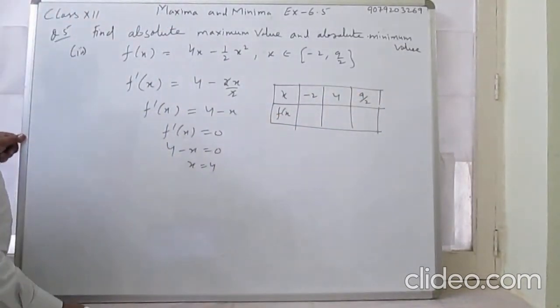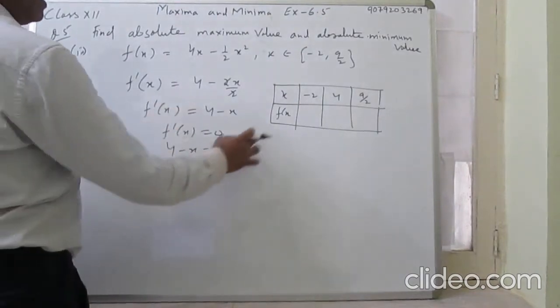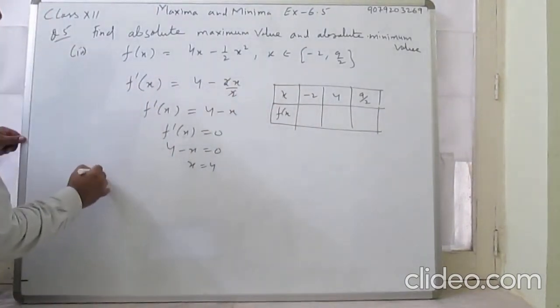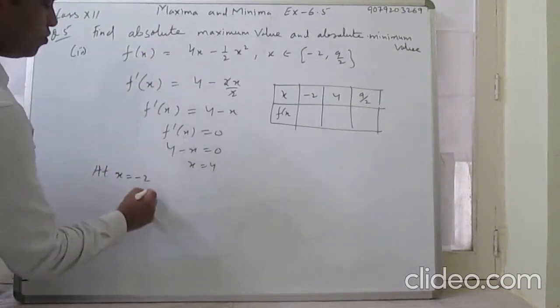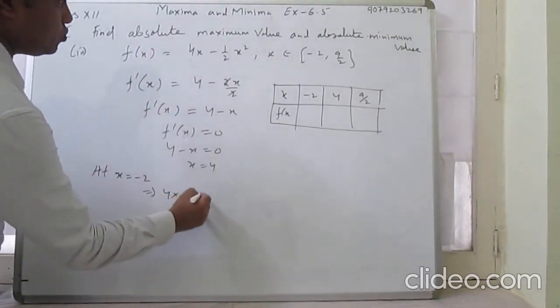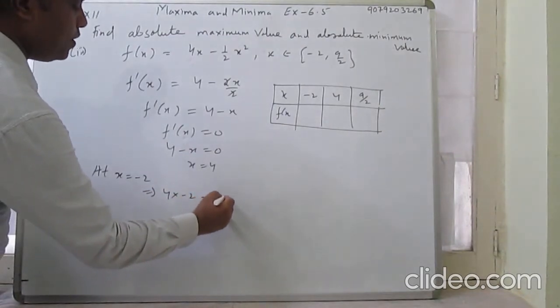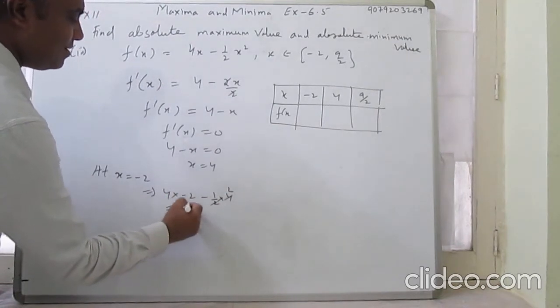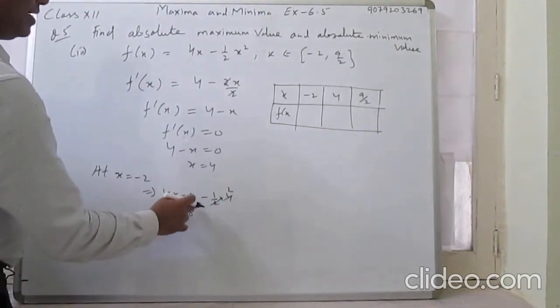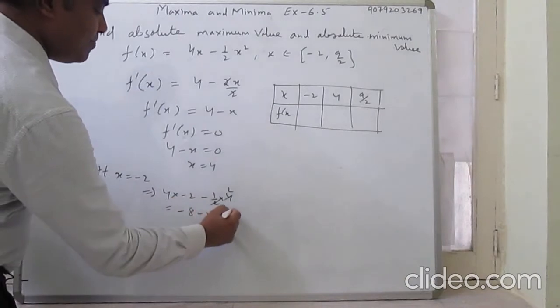Now find the value at x is equal to minus 2. Now at minus 2 the value will be 4 into minus 2 minus 1 upon 2 into 4, this is minus 8 and minus 2, that is minus 10.